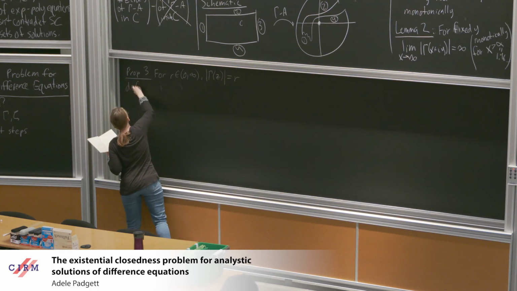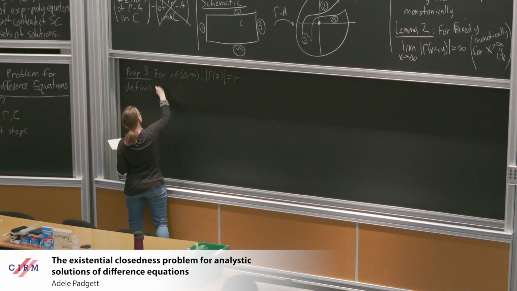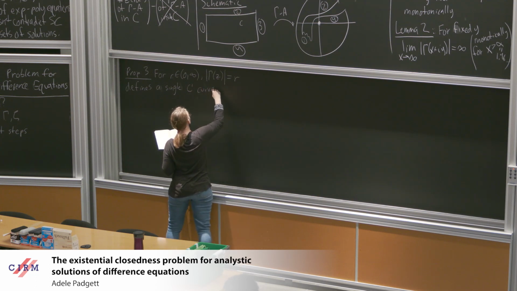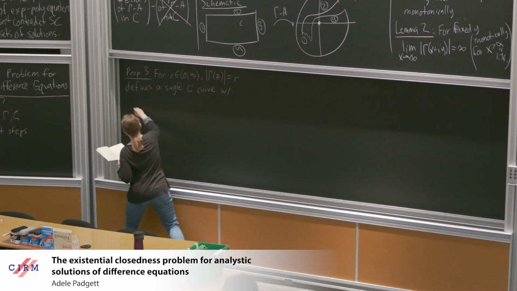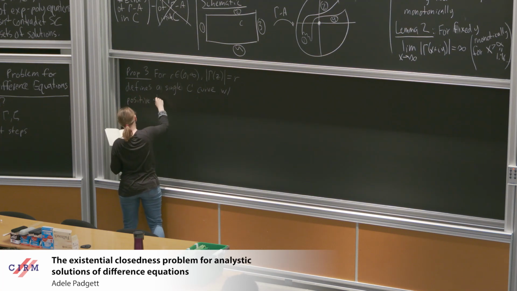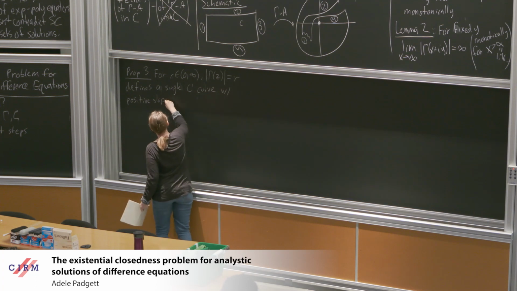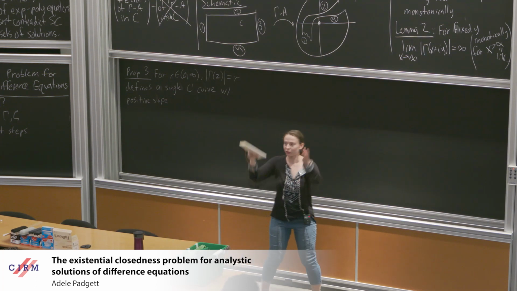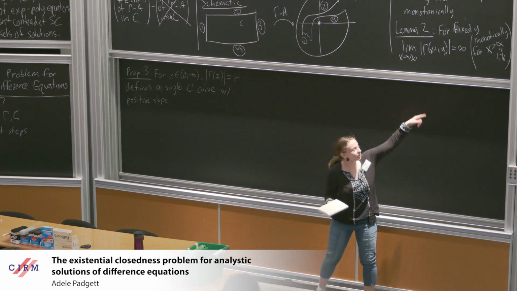This defines a single C1 curve with positive slope as long as we restrict ourselves to this upper right quadrant with x bigger than that number alpha.